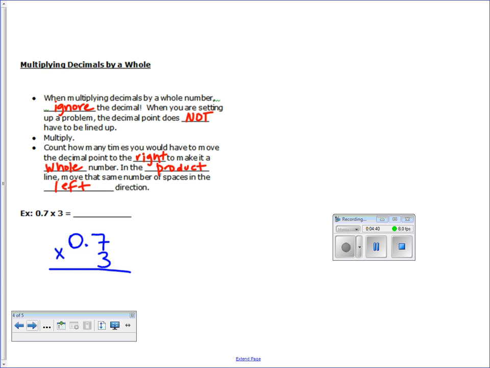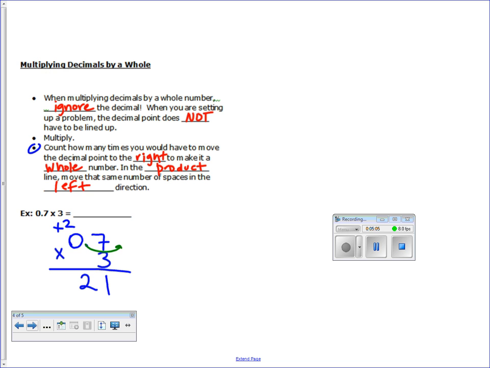So I'm ignoring the decimal, now I'm just going to multiply. 3 times 7 is 21. I'm going to put the 1 on the bottom and regroup the 2. 0 times 3 is 0, plus 2 is 2. Now I'm going to count how many times you would have to move the decimal point to the right to make it a whole number, and I'm talking about in our factors.